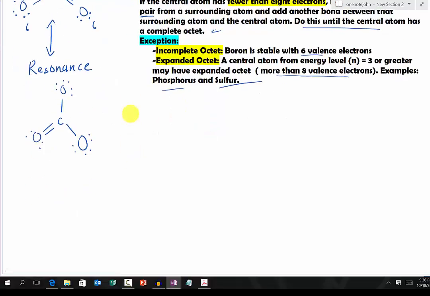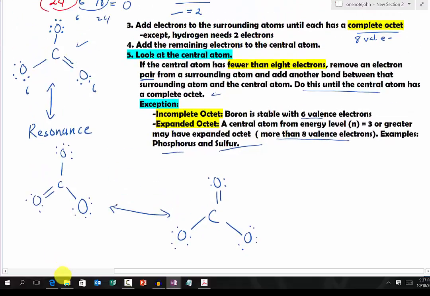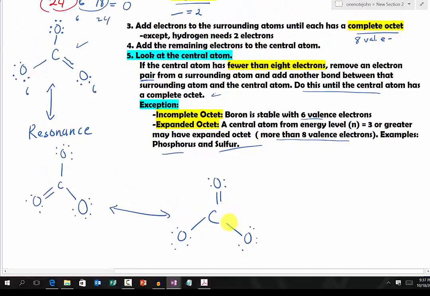Or we can have it like this, where the double bond is here and we have two single bonds there. So these are the three resonances that you will see for this carbonate. And these three resonances will simultaneously exist in nature.